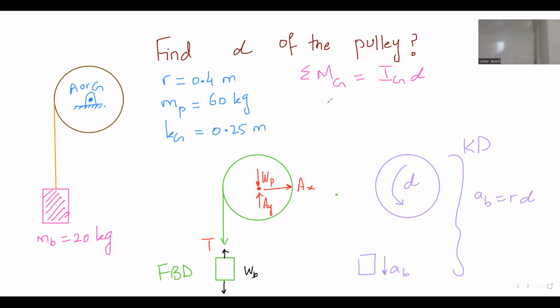Mitch, do the summation of moments about center of mass for me. AY is upward, weight of pulley is downward, AX I assume towards right. Do the summation of moments about center of mass.